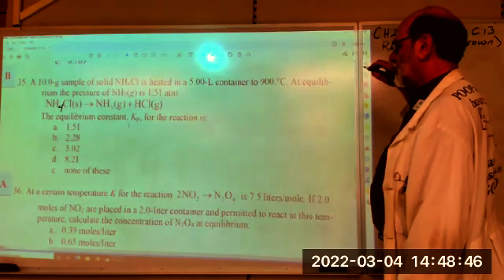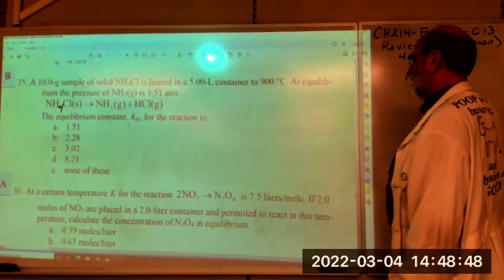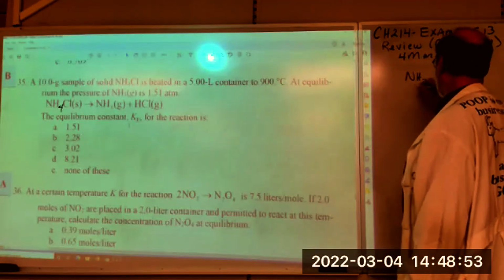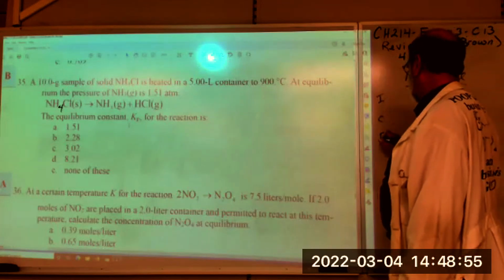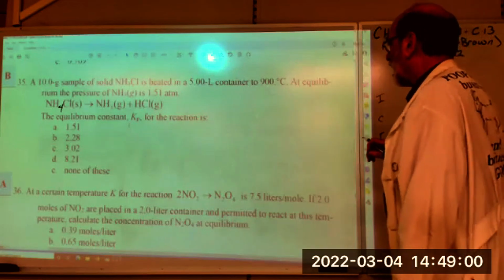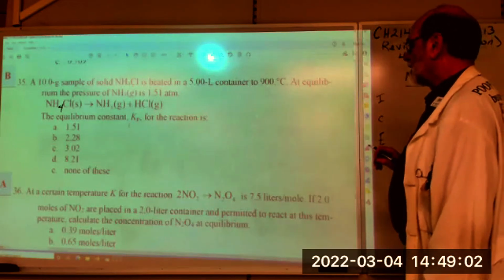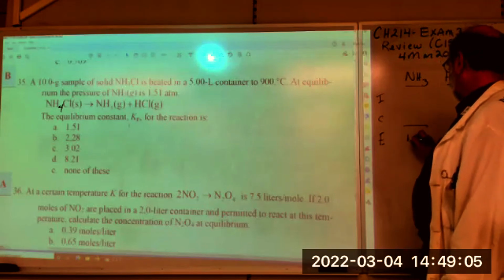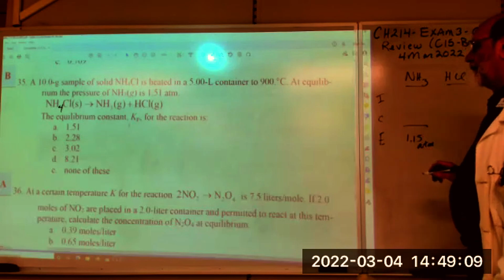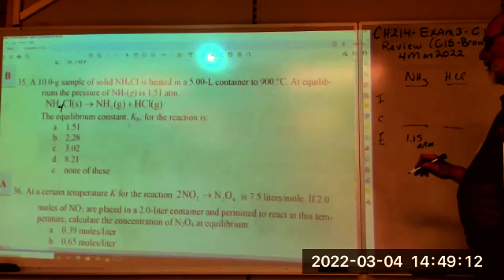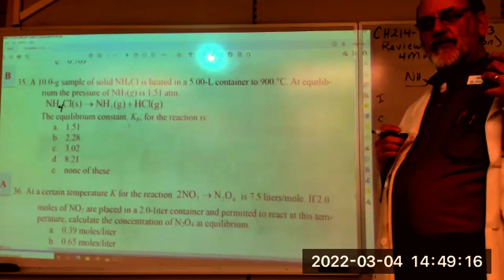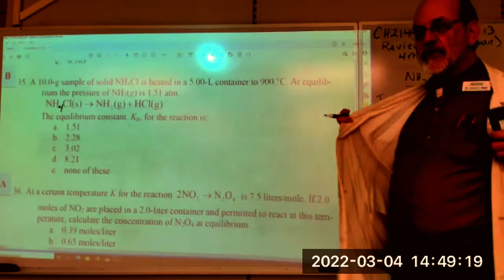So the only gases we need to be concerned with are this one and this one, because ammonium chloride is a solid. And at equilibrium, the ammonia is 1.51 atmospheres. Remember, the pressure value is proportional to the number of moles.